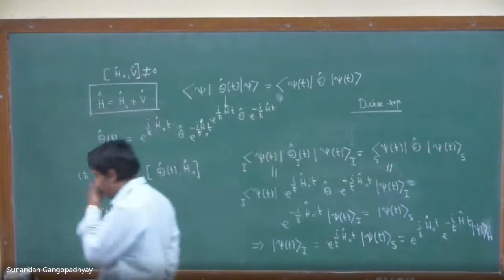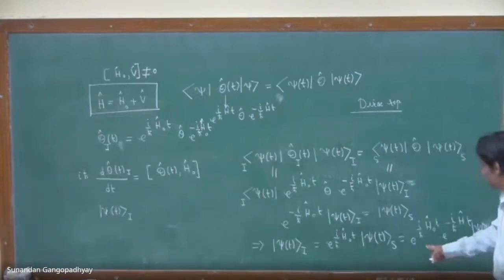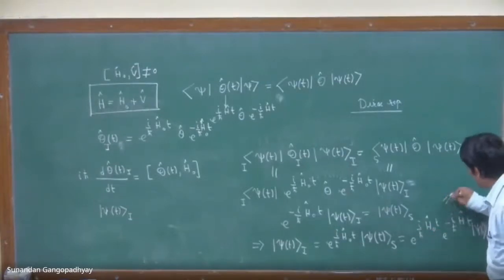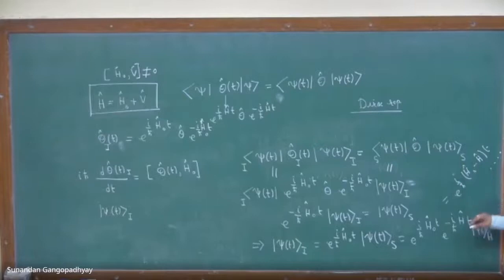H hat naught does not commute with this, and therefore you might be tempted to write this as e to the power of I by h bar H hat naught minus H hat, into t, and so on, and then write this as minus V. But this step is not correct, because since the operators do not commute, you should apply the Baker-Campbell-Hausdorff formula.